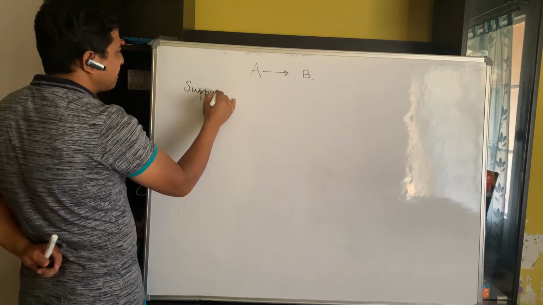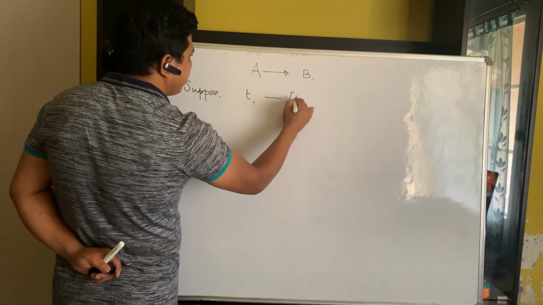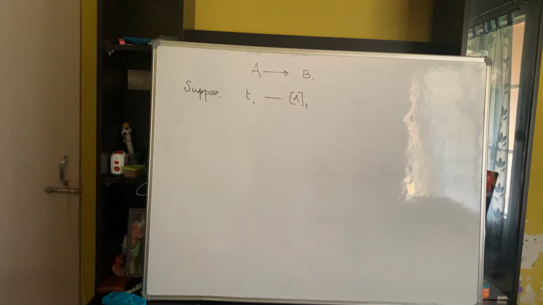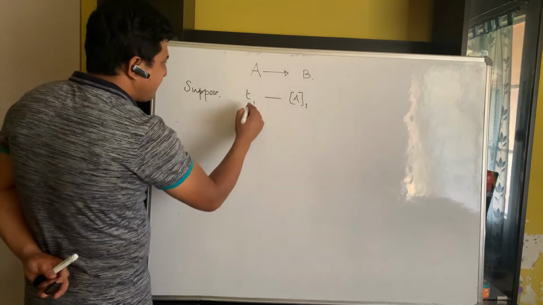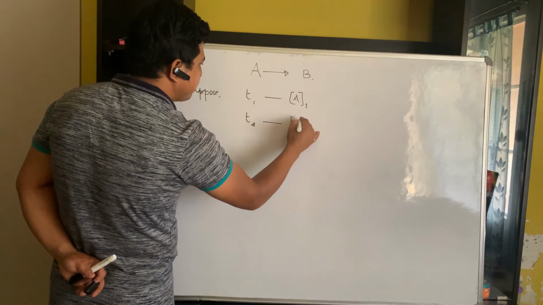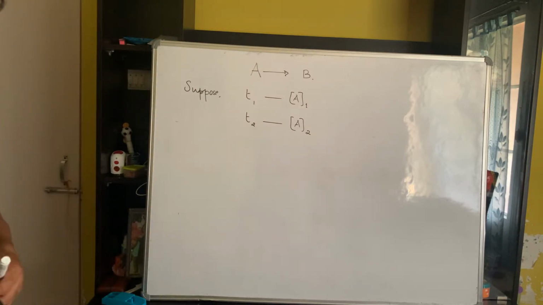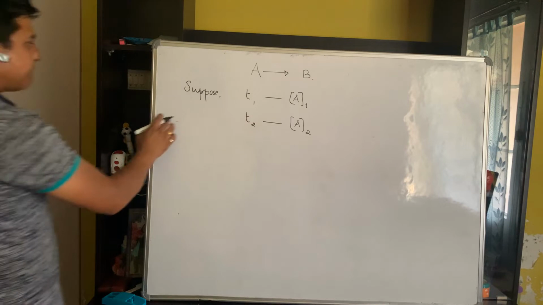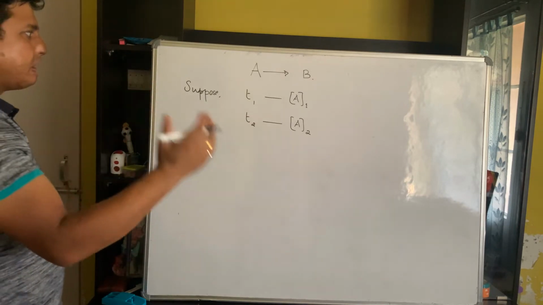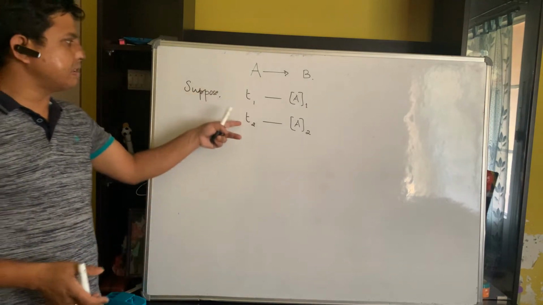Suppose at time t1 the concentration of the reactant is A1. And at time t2 the concentration of the reactant, does it increase or decrease? It decreases to A2. Right? So we are supposed to calculate the rate of a reaction over this time interval, between t2 and t1.